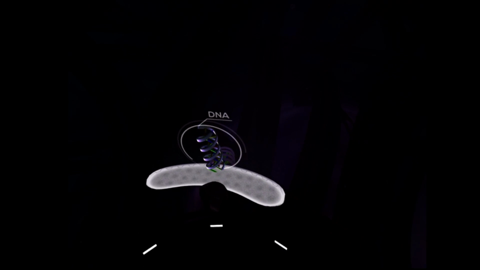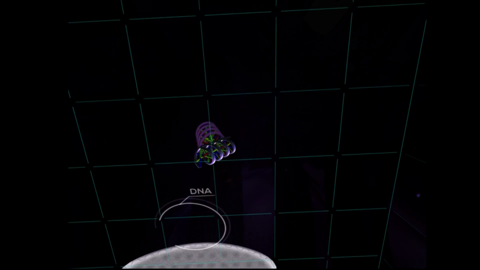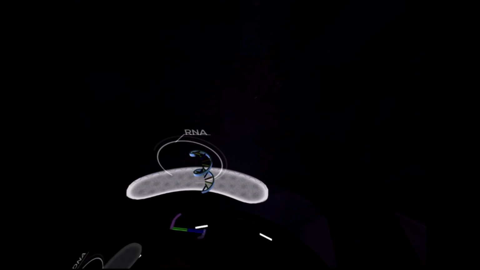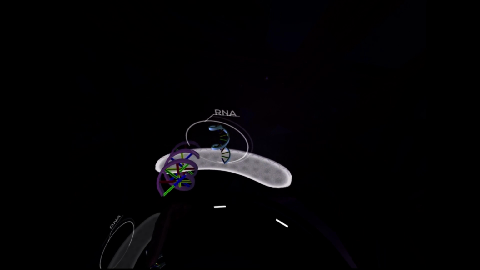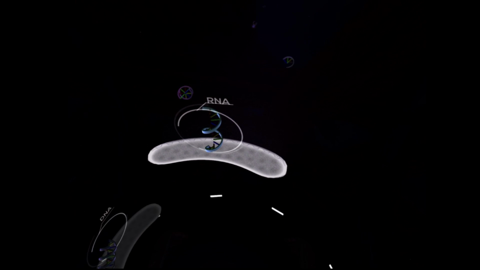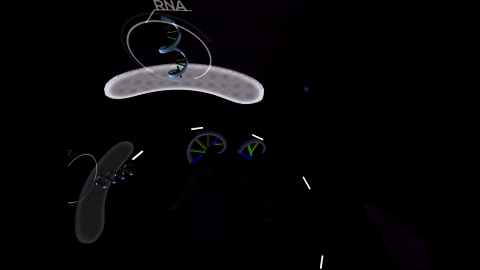DNA contains instructions for protein synthesis. In the process of transcription, a segment of DNA is copied into RNA, or ribonucleic acid, containing a single recipe for protein creation.